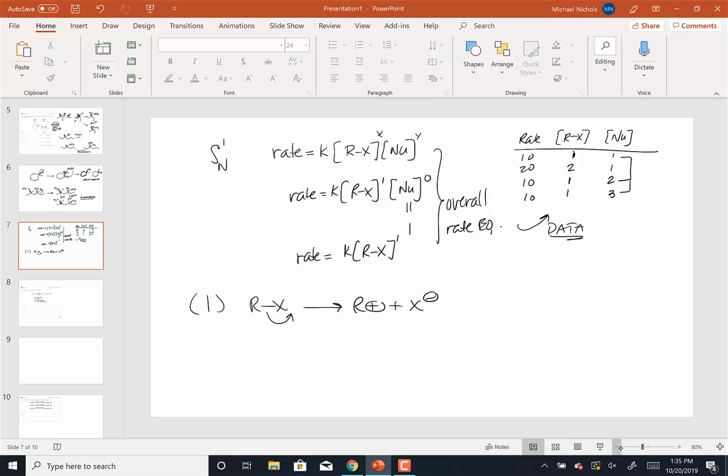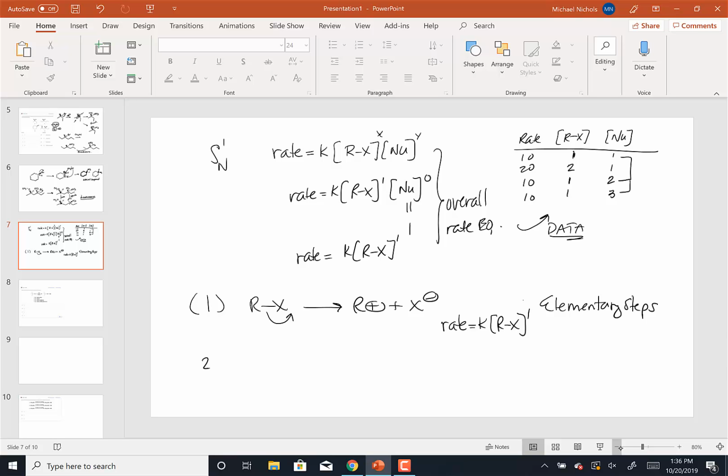But if you have a mechanism, and each one of these is what is called an elementary step, then for an elementary step you can write the rate equation using the stoichiometry of the balanced equation. In this case, we can write the rate equation by saying there's a single molecule of alkyl halide. That would be the rate equation of the elementary step.